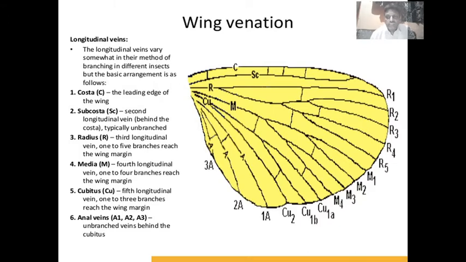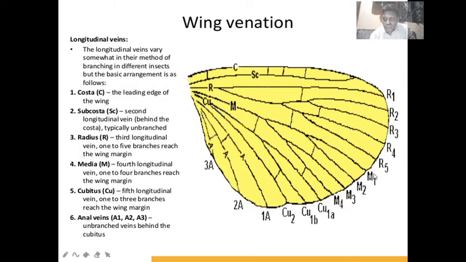Now you can see some veins are branched. In the middle of the area, the veins like radius, media and cubitus are branched into several others. You can see R1, R2, R3, R4, R5, which means radius is branched into 5 veins.